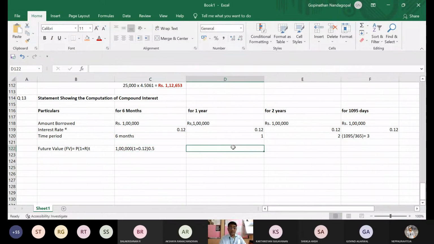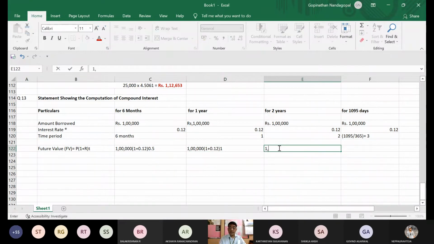In this case, 1 lakh, 1 plus 0.12, 1 year.